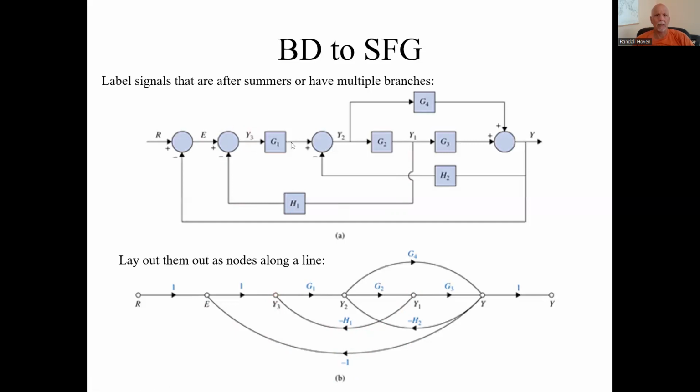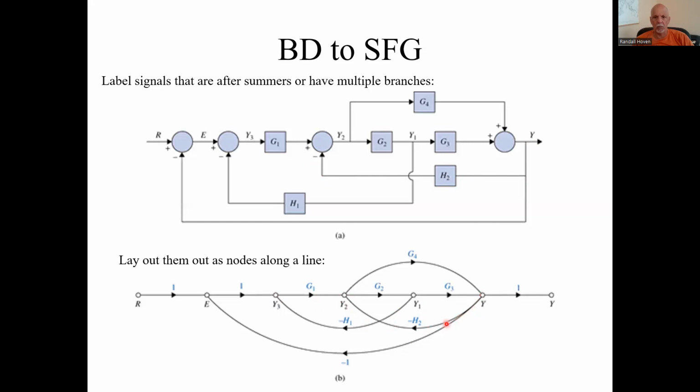Have that. What is Y2? It is G1 times Y3. So here's Y3, we need to multiply by G1. And it also has a minus H2 Y fed back into it. So we need to go from Y with a minus H2 to Y2.